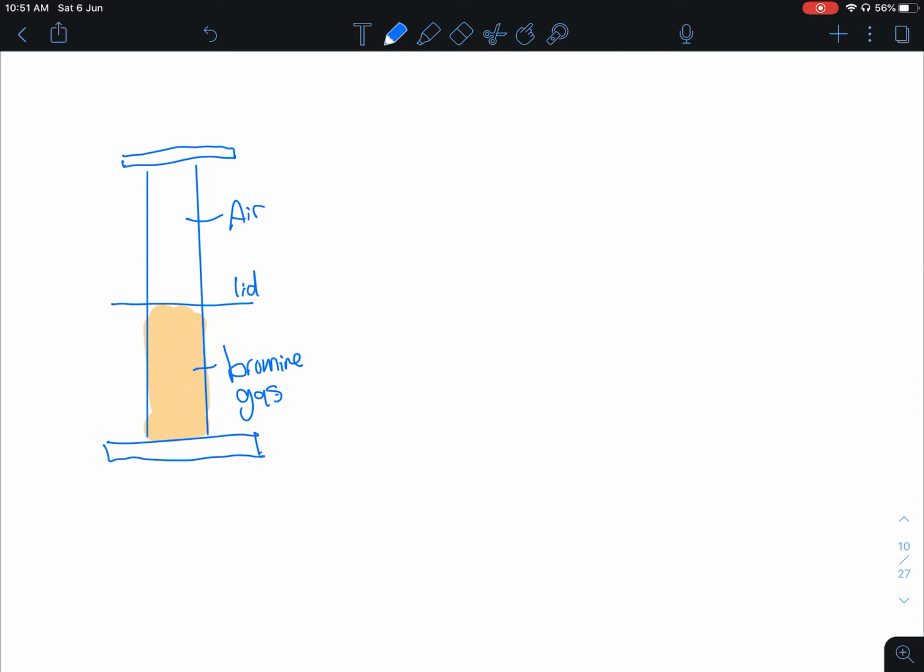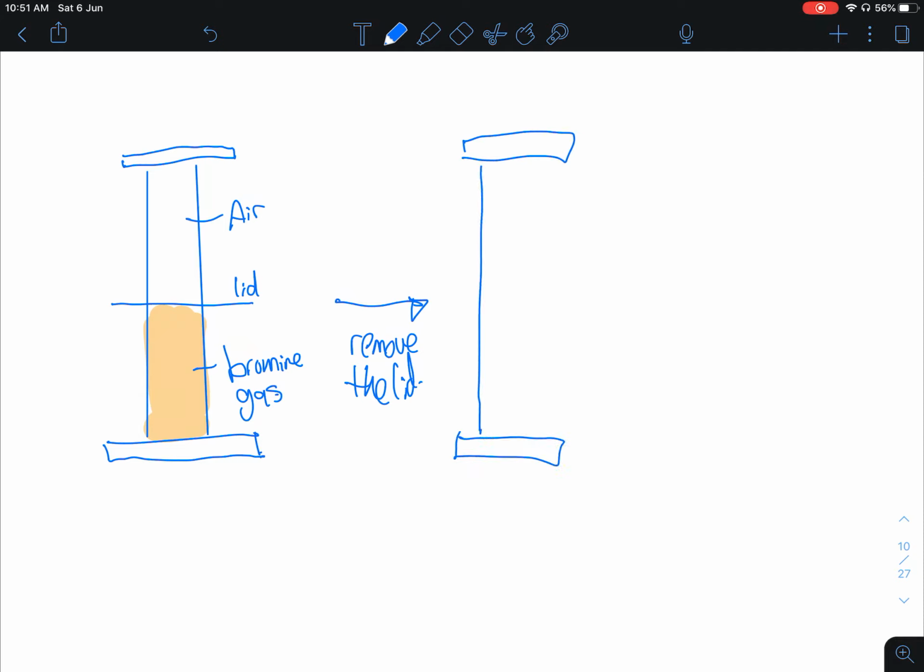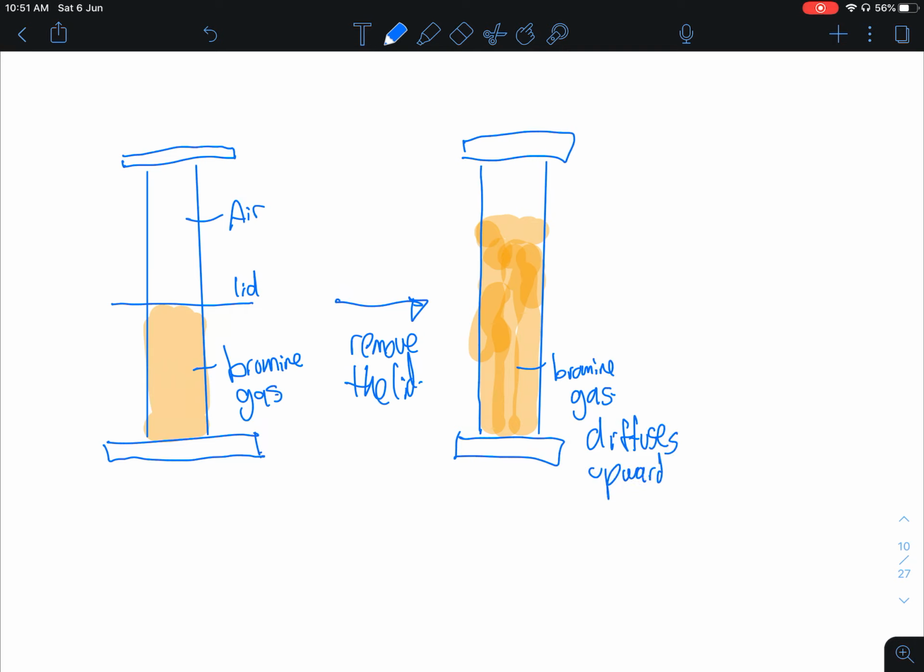So this is what happened. So what you do is you remove the lid. What you will realize is the bromine gas will start to travel upwards a bit, okay, diffuse upwards to the area where there is a low concentration.